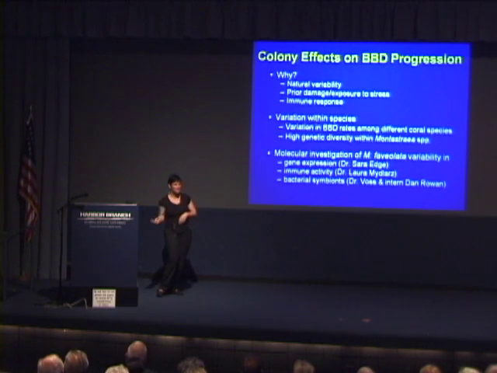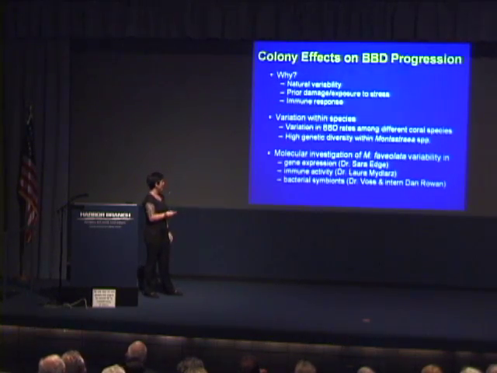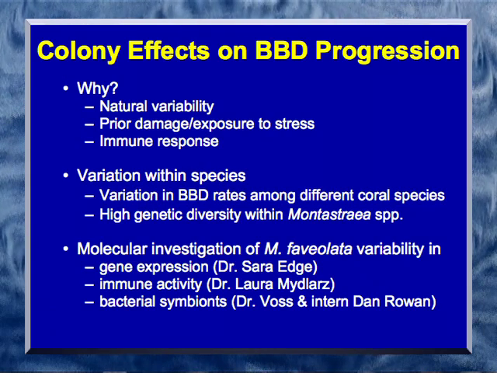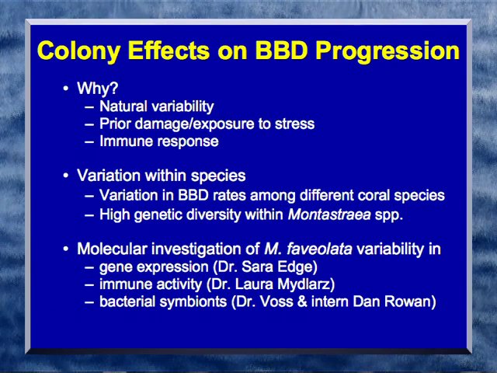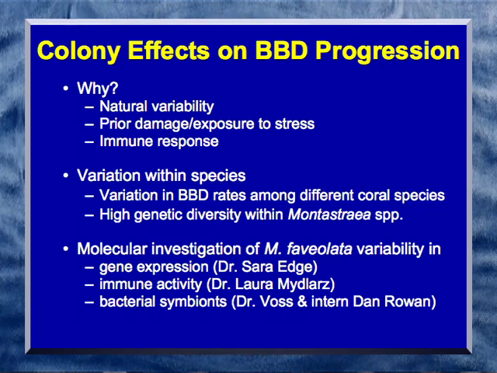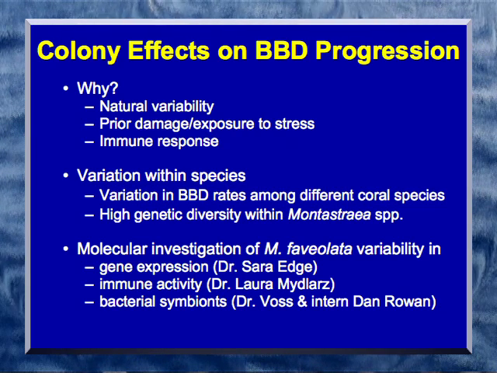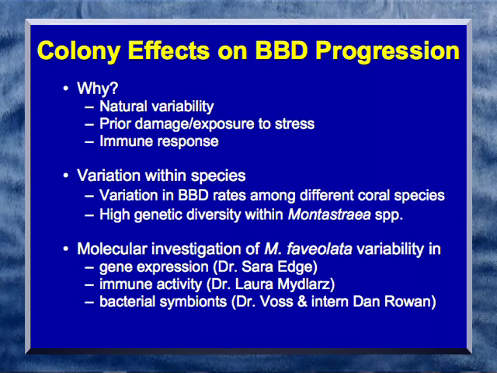We're less likely to catch it again because our immune system is stimulated. Then there's also variation within and between species. So Blackband disease doesn't affect all coral species. It tends to prefer certain species. And even within those species, sometimes it's differential in its intensity.